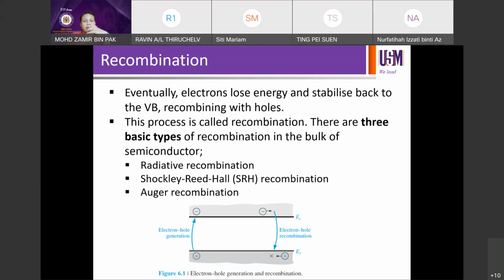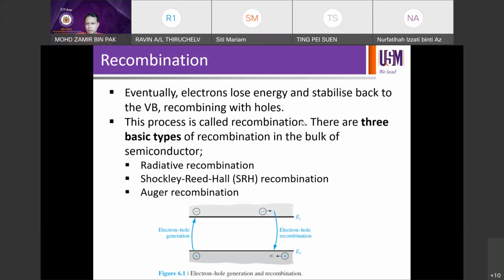On the other hand, if you are given the very same material, gallium arsenide, perfect lattice, but heavily doped, 10 to the 18, 10 to the 19, then you should also expect Auger recombination alongside radiative recombination. The total recombination in your material will be the superposition of the one or more recombination mechanisms that you have.